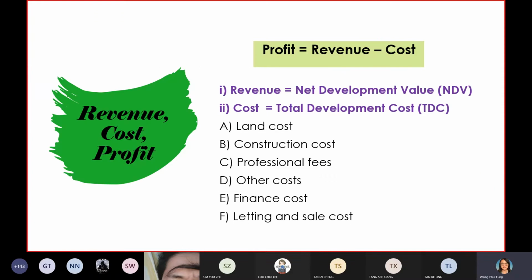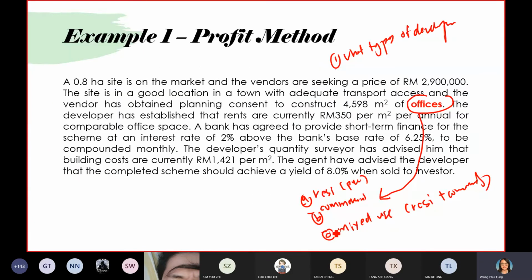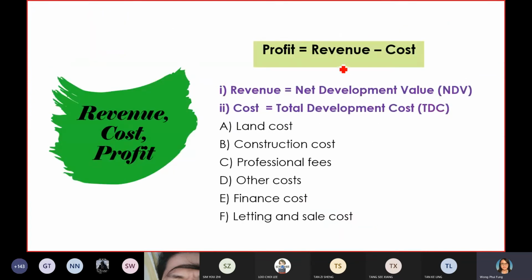Okay, so no matter type A, type B, or type C, the formula should be like this. You have to know how much revenue that you are going to generate, minus all the costs that you are going to commit for this project, then you will be able to calculate your profit.